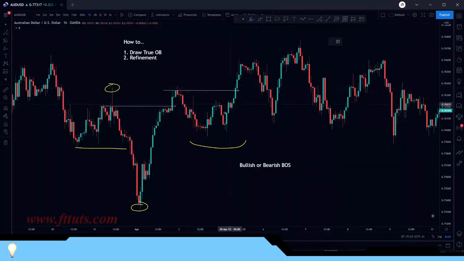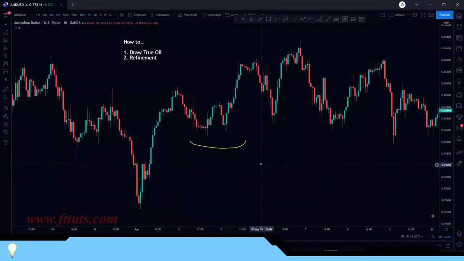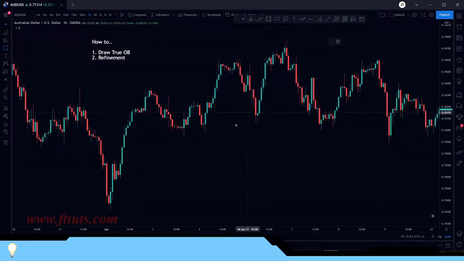And what is it saying? This impulse here created a break of structure, so we have a point of interest or an order block to draw down there. Okay, so let's go and draw that order block. Based on the theory that we've seen, the true order block is based on the last sell candle.